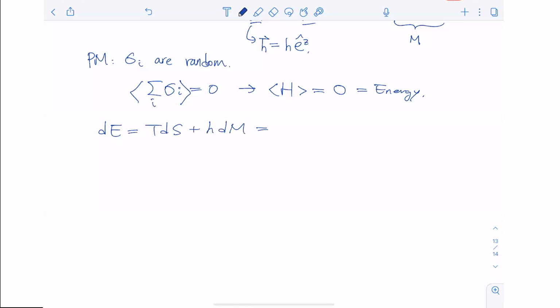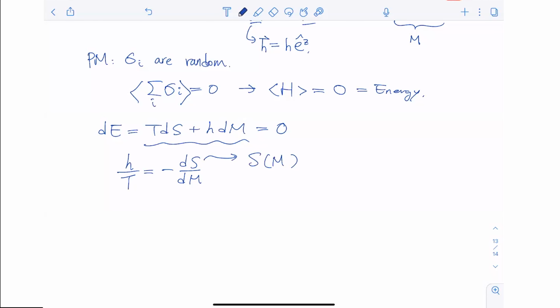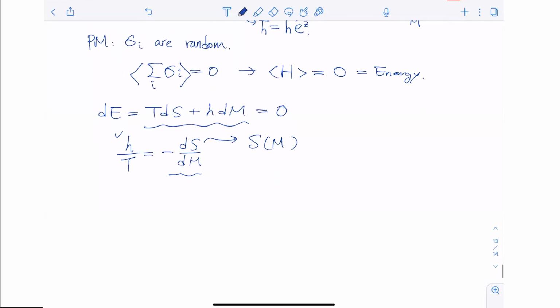And because we assume that the energy is 0, we'll have just a simple shift of the terms, and we'll get this relation. Okay. So what this relation is telling us is that if we are able to find the expression of entropy as a function of our magnetization M, then we should be able to find the expression for the situation when the system is under the external magnetic field H. Okay. So the question is how to calculate the entropy.